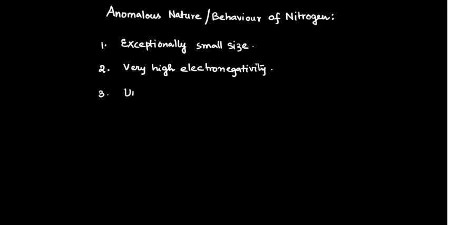So unavailability of vacant d orbitals. So these are the 3 main anomalies of nitrogen as compared to the other elements of the group. Now let us proceed with the oxidation states.